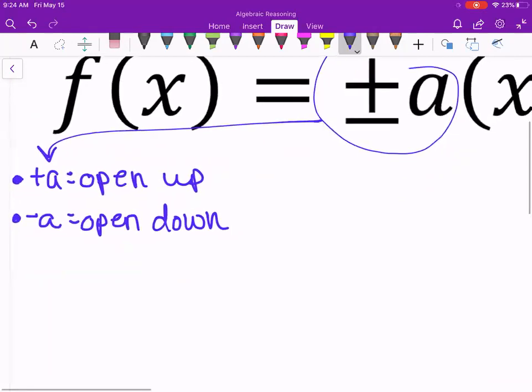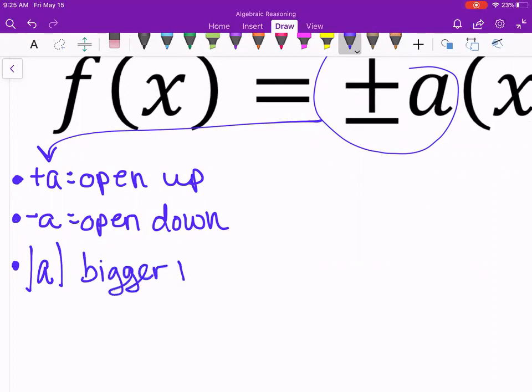Now, the other thing we talked about is the actual number itself, not the positive, not the negative, but just the actual number itself, which we talked about is absolute value. If the absolute value of A is bigger than 1, we talked about last week how that meant your graph would be narrower than the original.